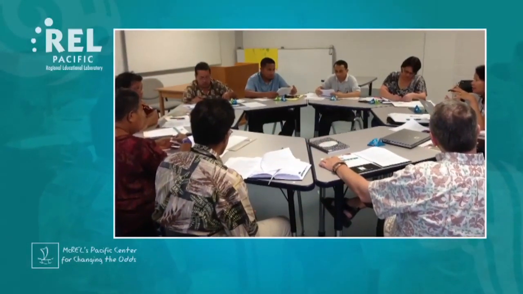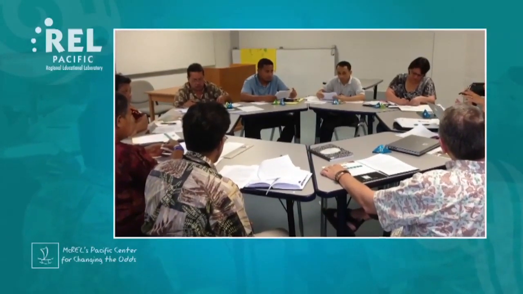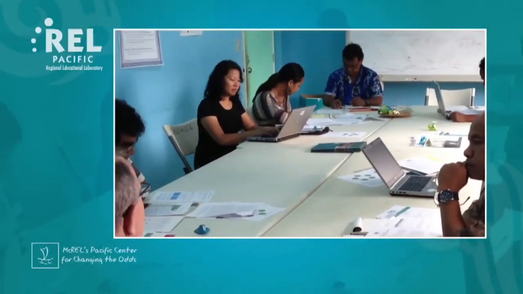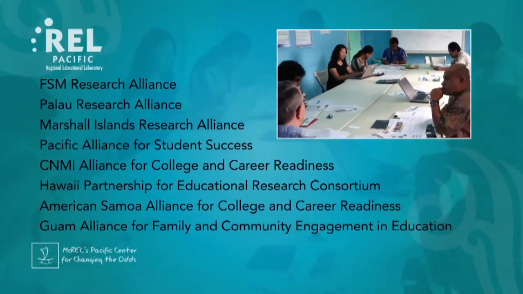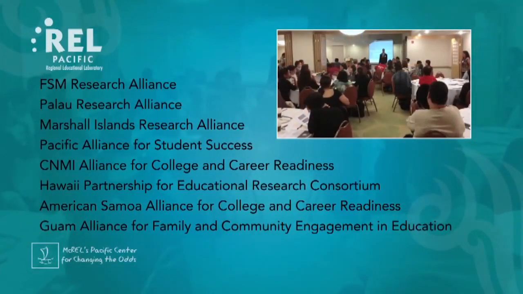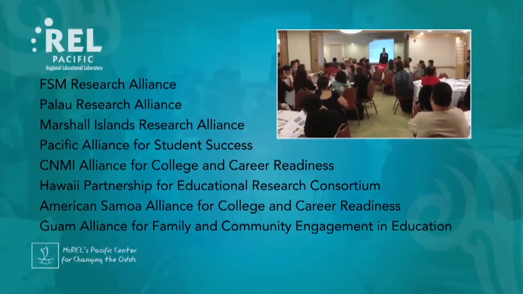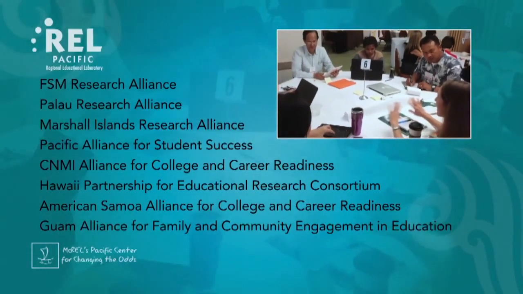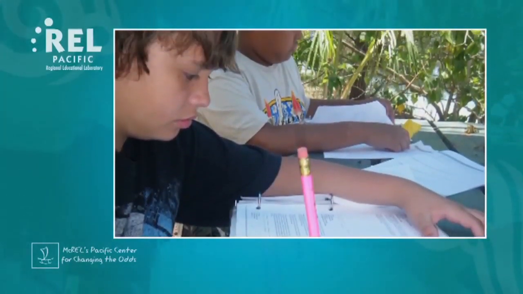At REL Pacific, we identify priority needs in the region through comprehensive reviews of education system data and reports, ongoing discussions with education agency staff, and continual contact with the field. We also support consortia called research alliances that bring together stakeholders in the Pacific to work collaboratively to address problems and questions of high priority and relevance in the field of education.